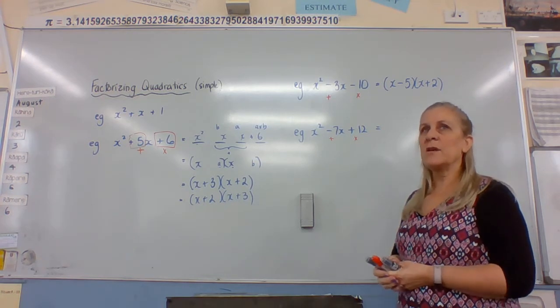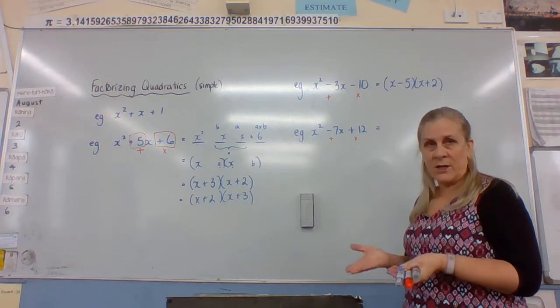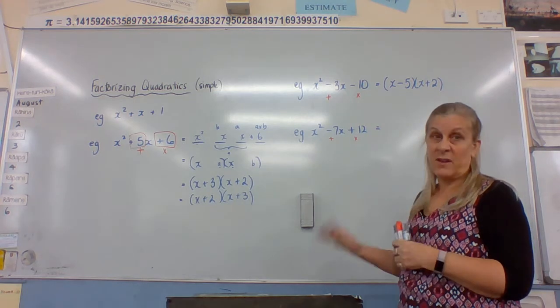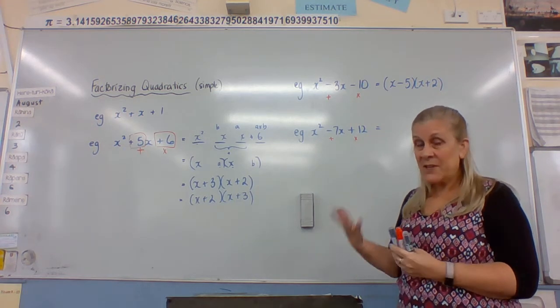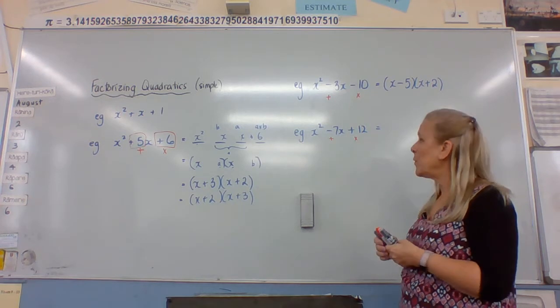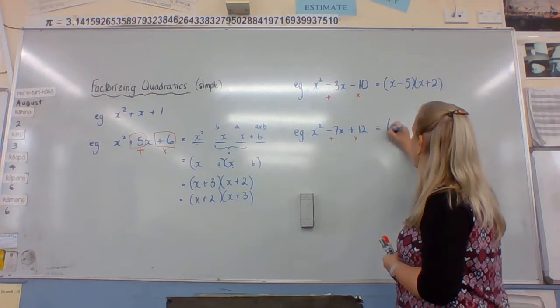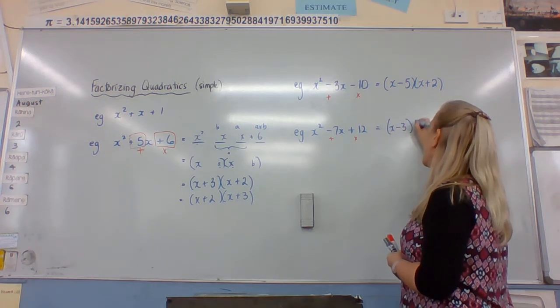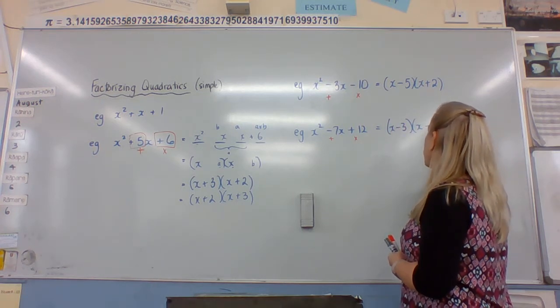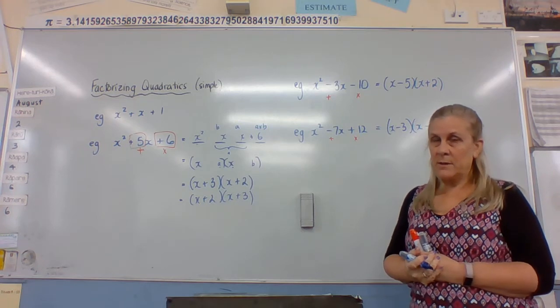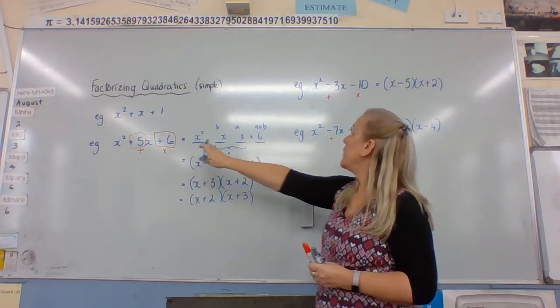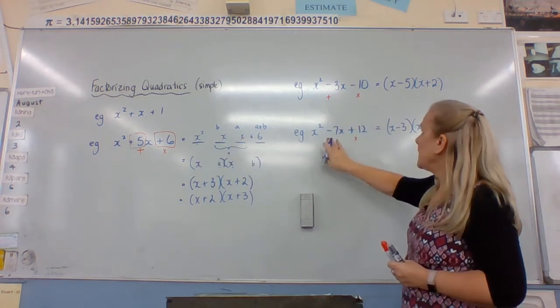So what numbers have I got that multiply to give 12? We've got 1 and 12, 2 and 6, 3 and 4. Bring 7 in our head, so it's going to be a 3 and 4, but it needs to be negative 3 and negative 4, because negative 3 times negative 4 gives us 12. All right, so we've had a positive positive, a negative negative, a negative positive.